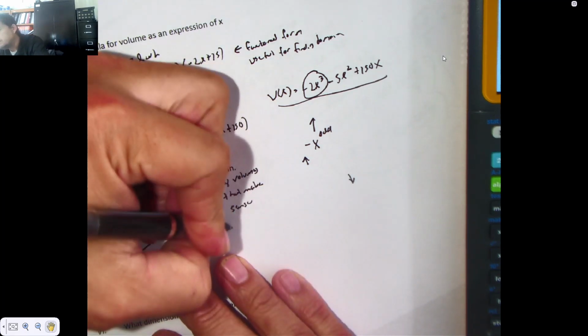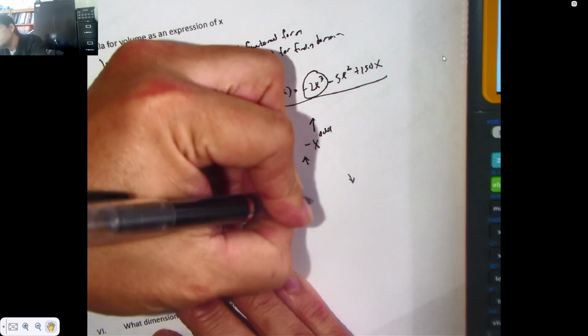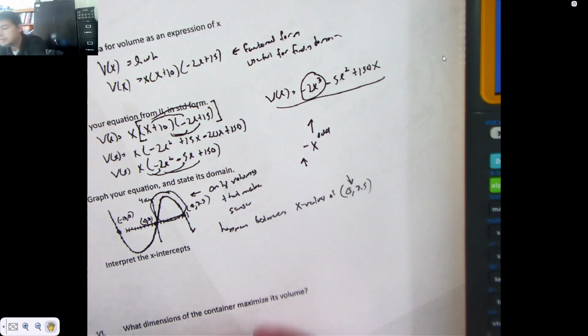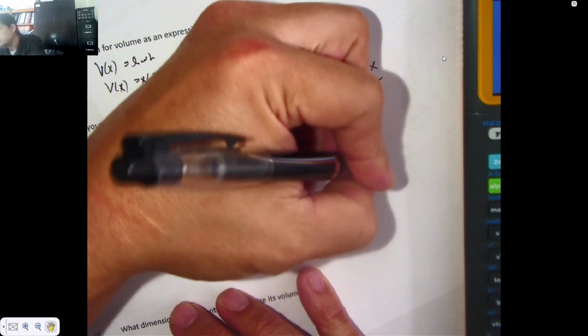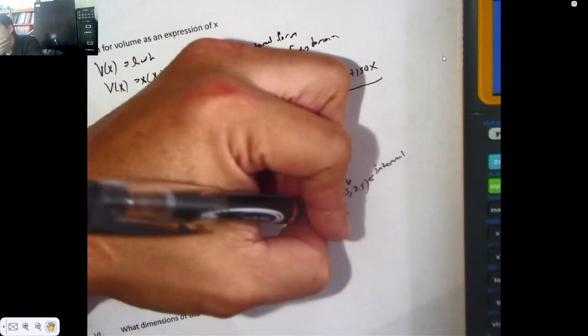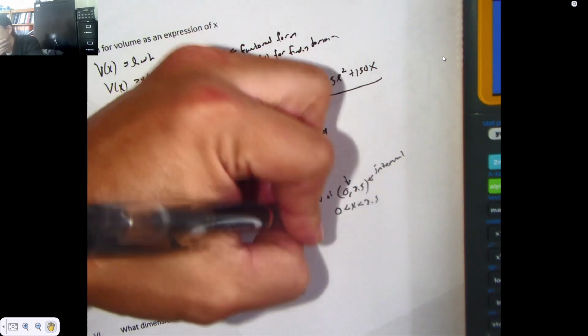And they happen between x values of 0 and 7.5. There's your interval. This is, by the way, an interval. If you like your set builder notation, you'd say 0 less than x less than 7.5.